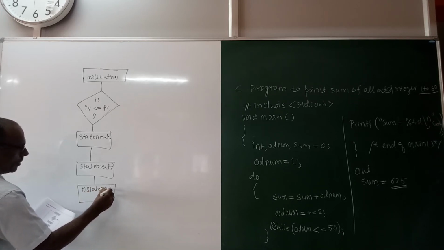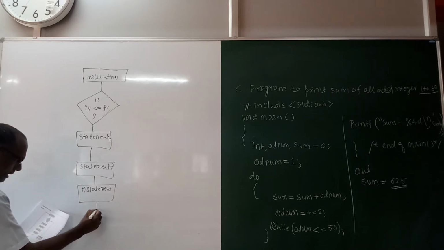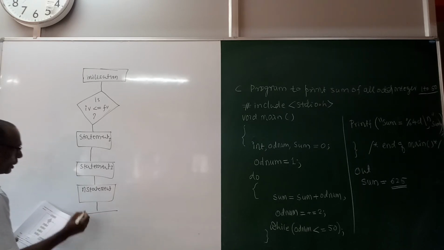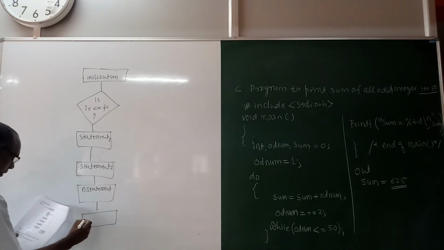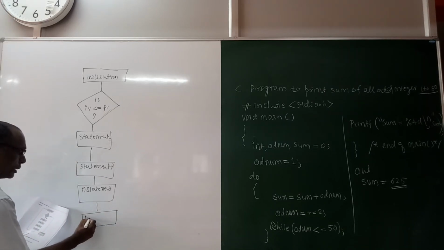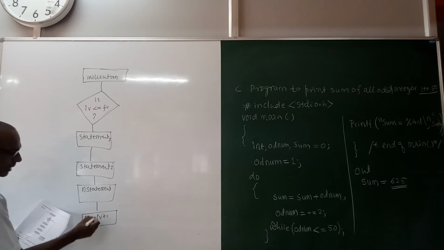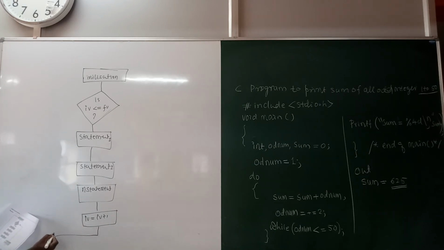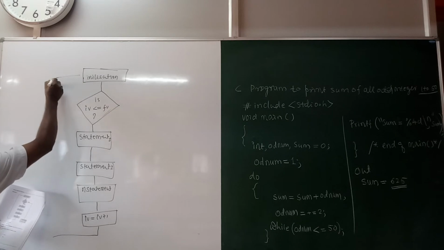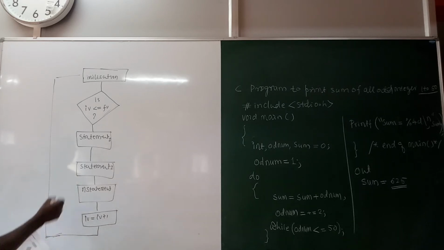And then it will say IV is equal to IV plus 1. It should change. If this is true, then we are going back to the initial value check.